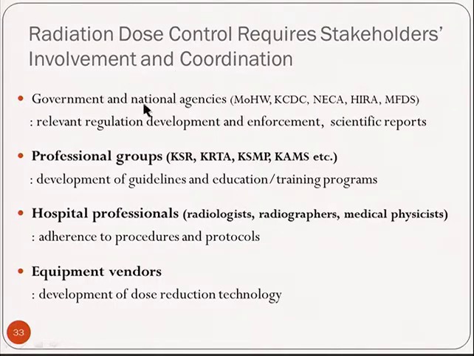First, government and national agencies are responsible for regulation development, enforcement, and scientific reports. Professional groups, including radiologists, radiation technicians, and medical physicists, develop guidelines, education, and training programs. Individual hospital professionals adhere to procedures and protocols, and equipment vendors must develop dose reduction technology.